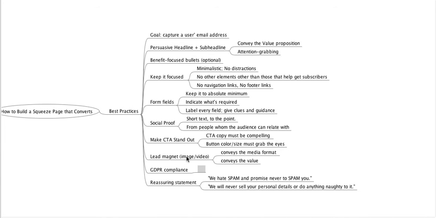Now the lead magnet could be an image or a video. If it's a video, then the image of the lead magnet should reflect that. And if it's a PDF or a checklist or an ebook, then the lead magnet image should convey that, but also convey the value.